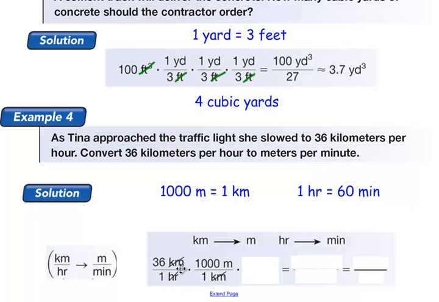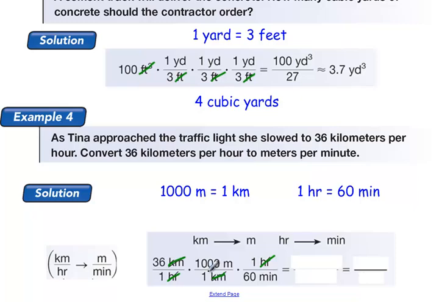When we go straight across, 1 hour into 60 minutes. So we have 36 kilometers, and to cross off the kilometers, we have to have the conversion here, 1,000 meters over 1 kilometer. Next, we have to get rid of the hours. So therefore, we have to use this conversion. We have hours on the top, 60 minutes on the bottom.